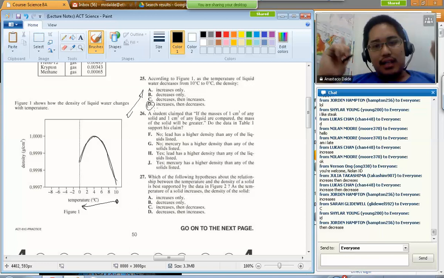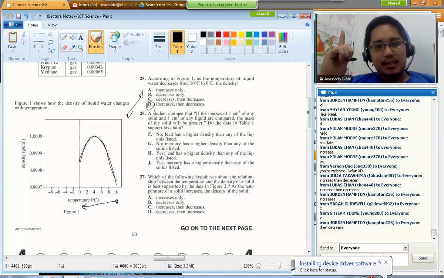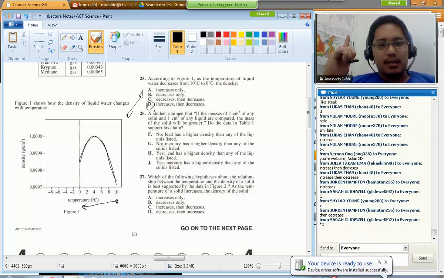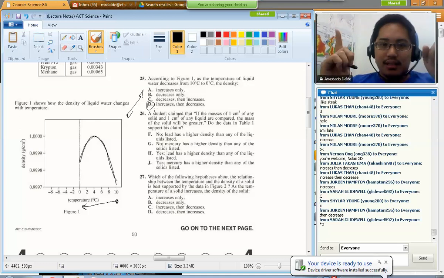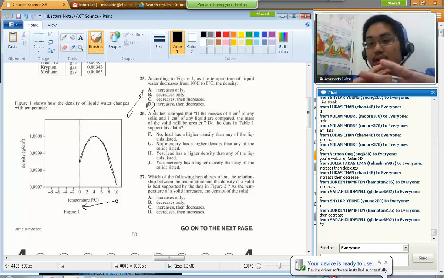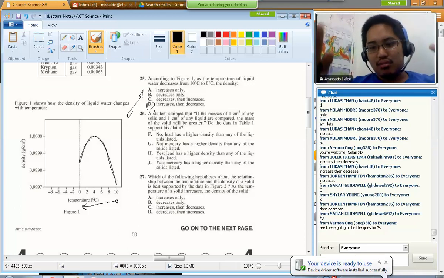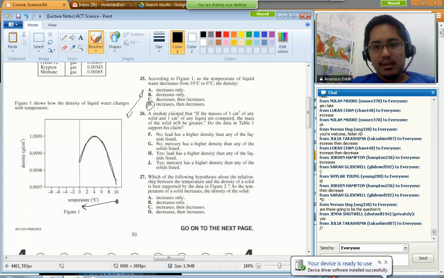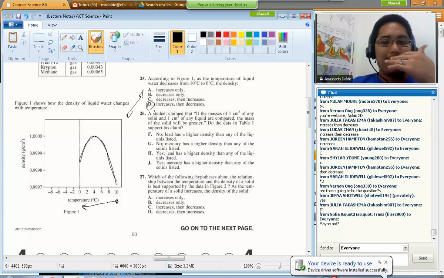All right. A student claimed that if 1 centimeter cubed of any solid and 1 centimeter cubed of any liquid are compared, the mass of the solid would be greater. Without even looking at the options, is that true? Maybe not.